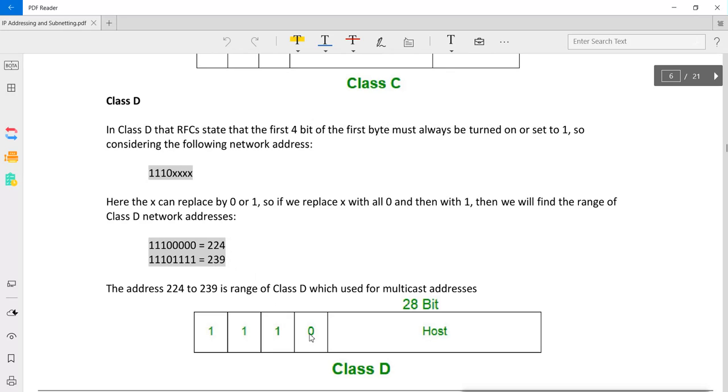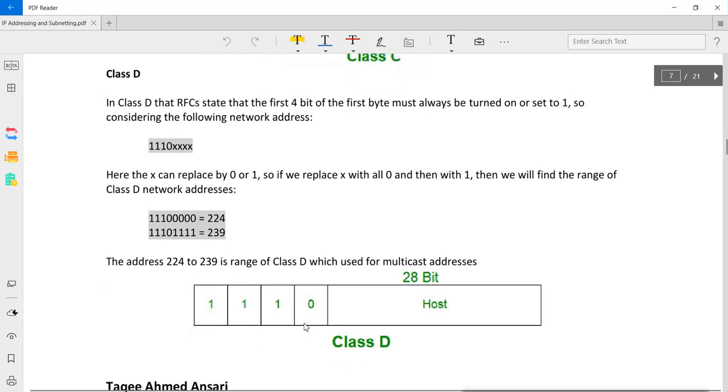If you enable this, then it will become 248 actually. This is 128, this is 64, 32 and 16, and it will become 248, more than 239.